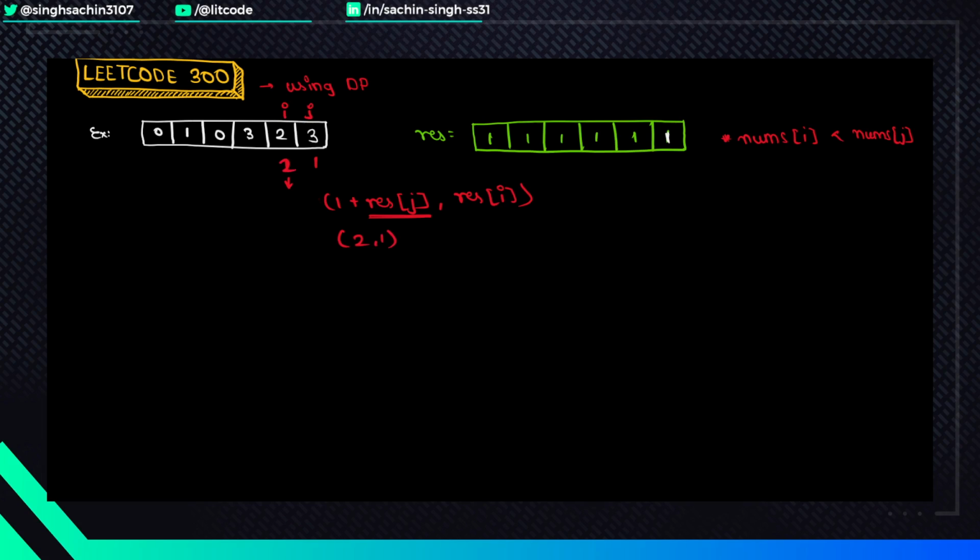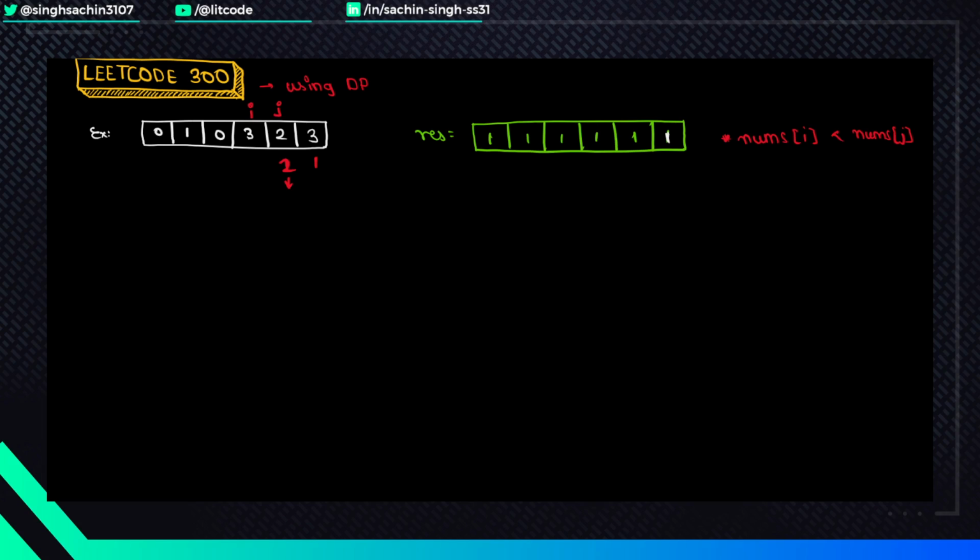Okay, similarly, now we'll move our i and j to the next elements. So now this will become i, this will become j. Okay, I will again check if element at index i is less than element at index j. No, then we'll move on, we won't do anything.